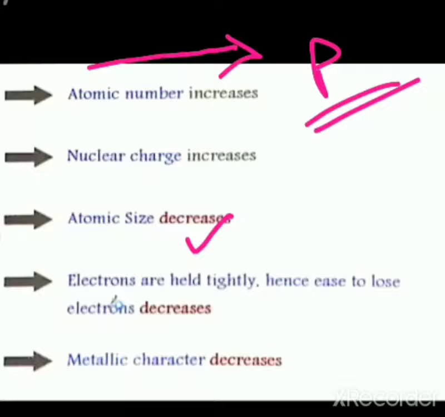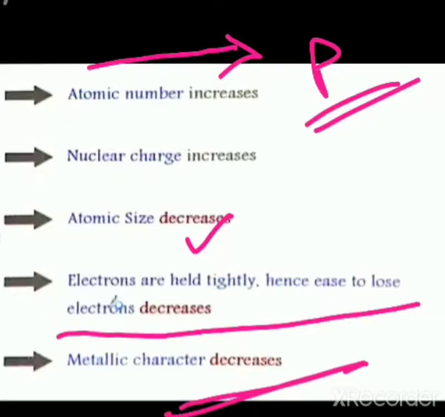As your atomic size decreases, the electrons are held tightly, and hence the ease of losing electrons decreases. That means they can't lose the electrons easily, because atomic size decreasing means the distance from your outer valence shell to the nucleus is very small. So your electrons cannot be easily lost. Hence your metallic character decreases.